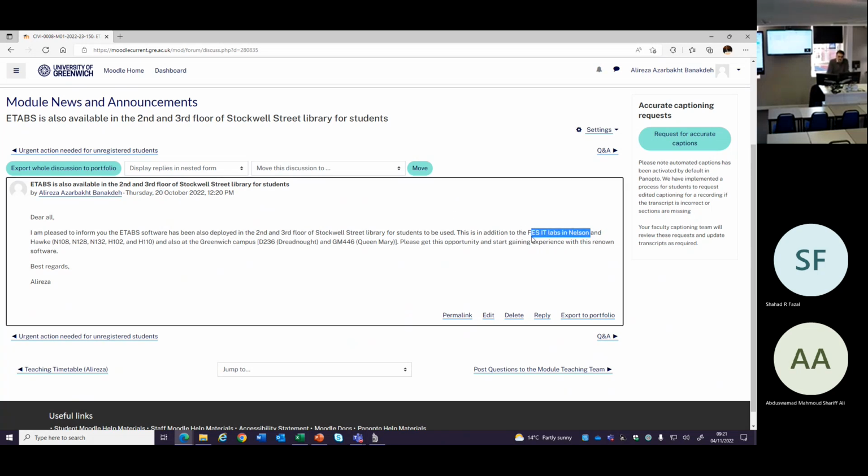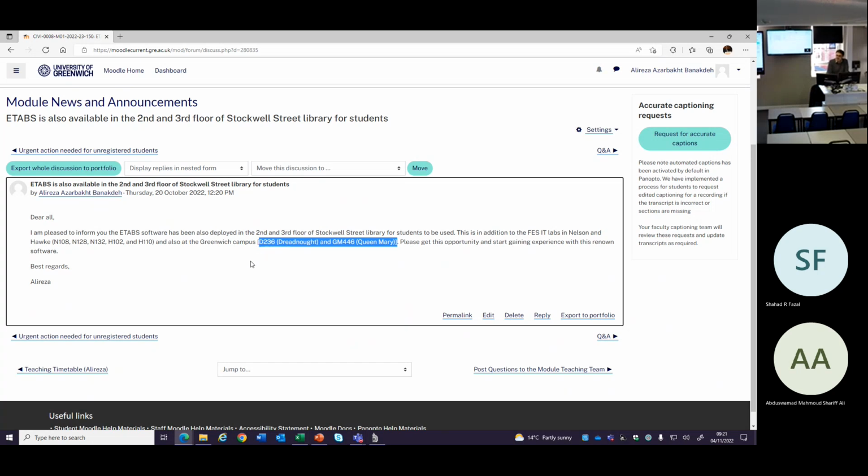So it says that it works in Nelson here, OC means Nelson, and these are the numbers of the rooms. These are 3 rooms in Nelson, 2 rooms in Hawk, but I'm not sure if Hawk is open or not because of leakage problems. This is in Greenwich site. If you go to Greenwich, D236 and GM446 are 2 rooms that you can get there.